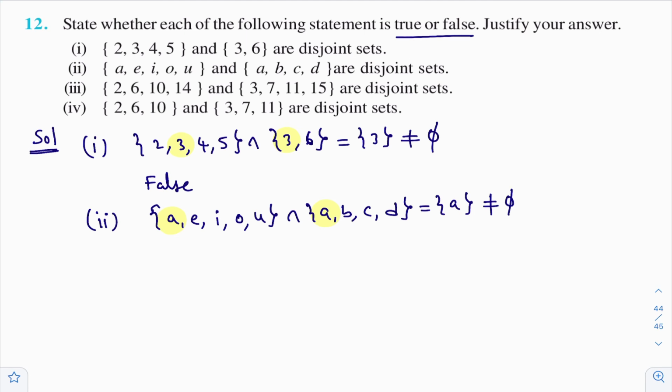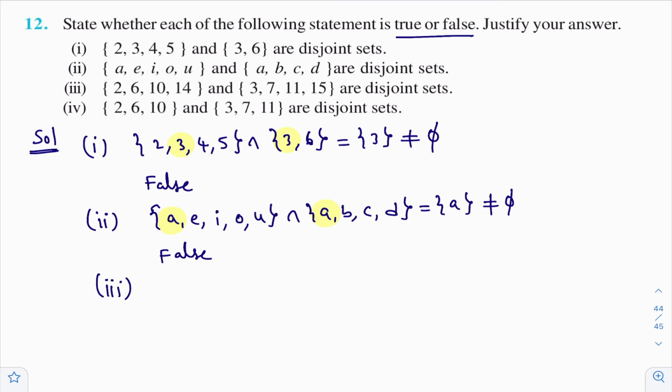Is it an empty set? No, it is not an empty set. In the question they are saying they are disjoint sets, and we have to decide true or false. Actually they are not disjoint because their intersection is not empty. So the given statement is false.